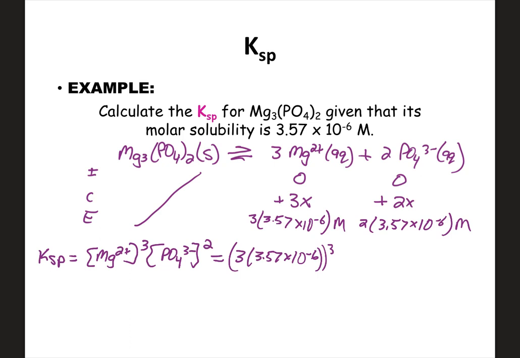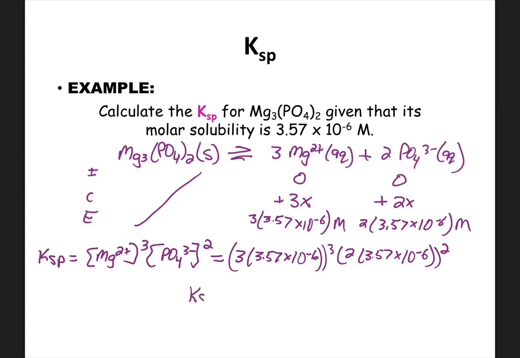And then we're going to times that here by the 2 times 3.57 times 10 to the minus 6. And that's going to all be squared for the PO4 3-. So now this is just doing the math. I would make sure here that you can do this math and get the correct answer here.